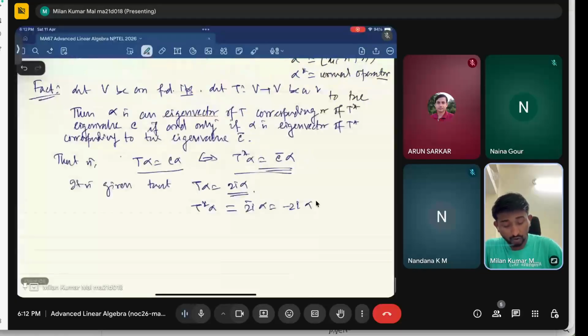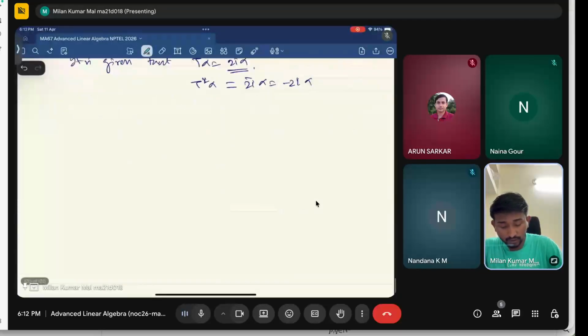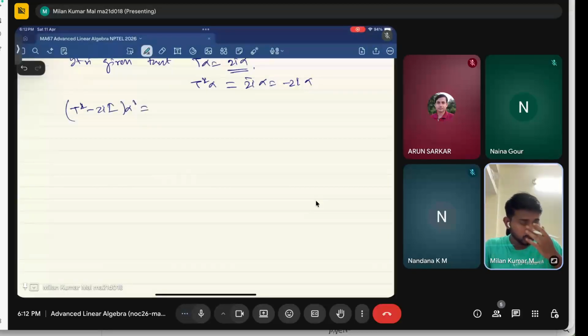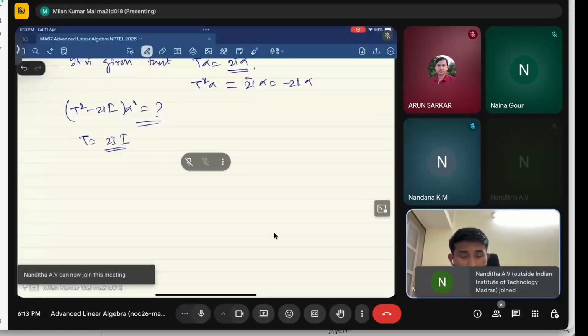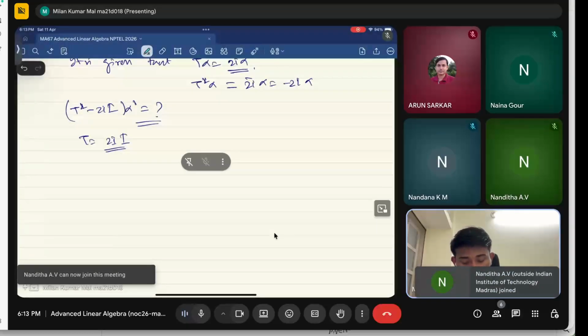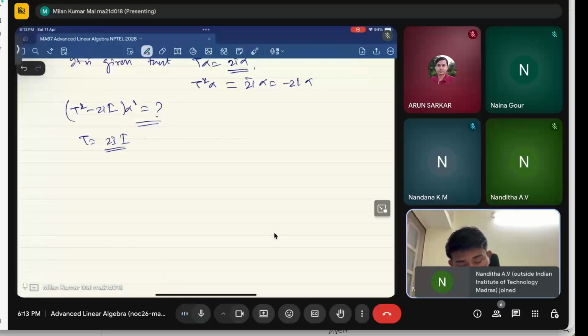How to get the last two options: it was given that T star minus 2i times identity applied to alpha star is equal to what, right? Here we can do one thing. If we consider T equal to 2i times the identity operator, then you can get that T star is equal to 2i bar.